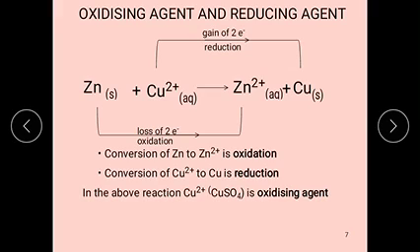Next is the oxidizing agent: the substance that gains electrons from another substance. And next, the reducing agent: the substance that gives electrons to another substance.